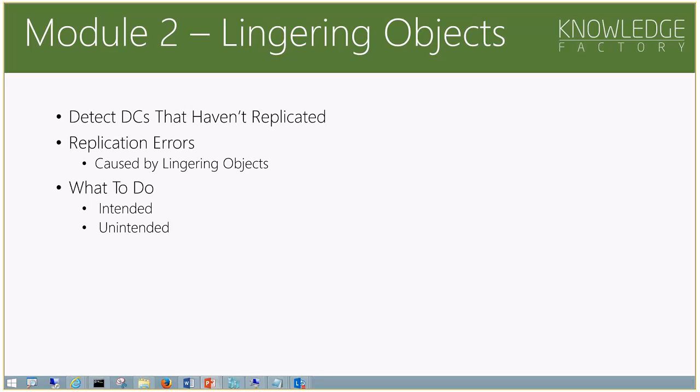This is the coolest name of a registry key ever, and the name of the key is Allow Replication With Divergent and Corrupt Partner. Just the name says it all.